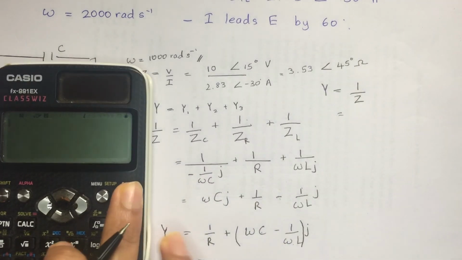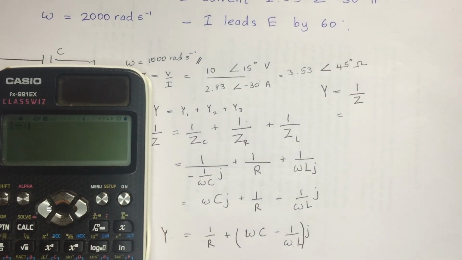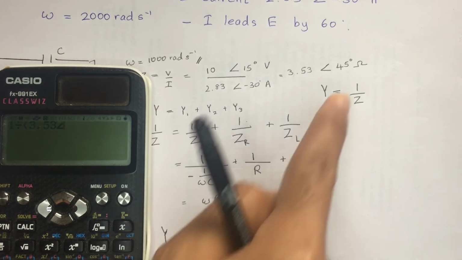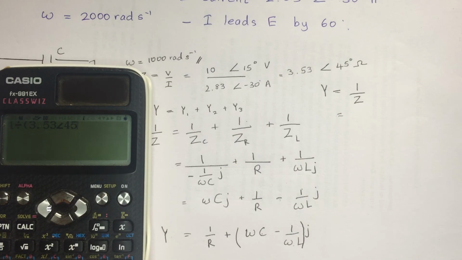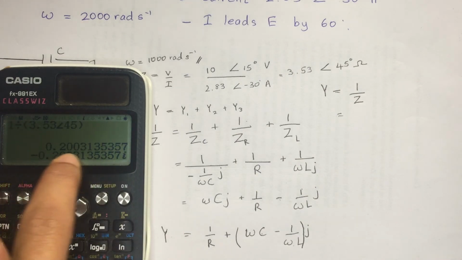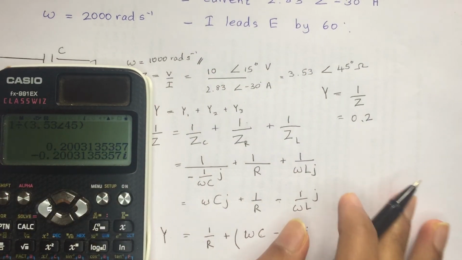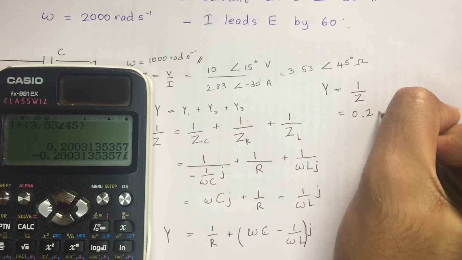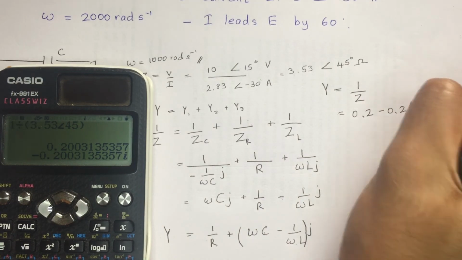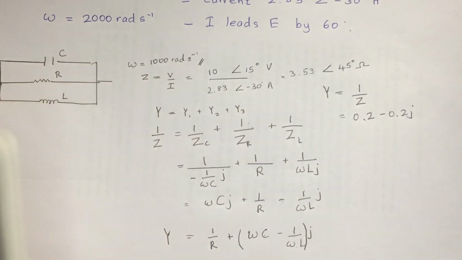I'm going to write 1 divided by Z equals 3.53 with a phase angle 45. If I press the equal sign, I get the answer 0.2, and the other part is 0, so I'm going to neglect that, minus 0.2j. So this is the equation.